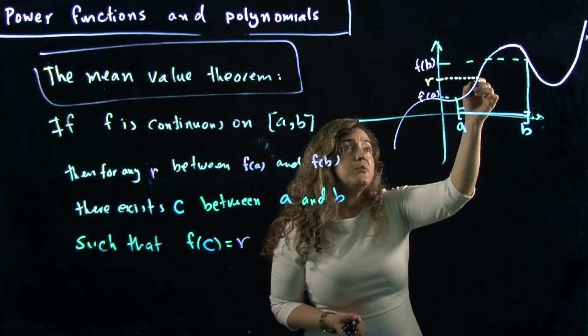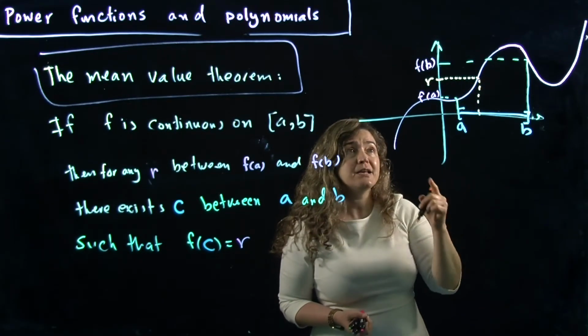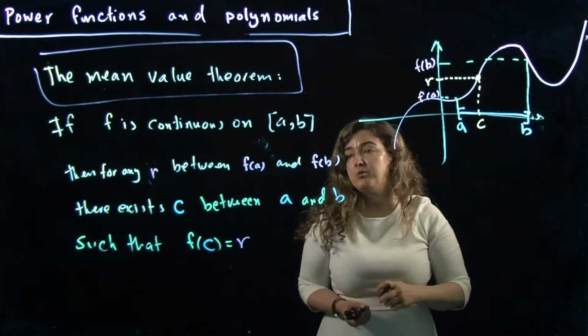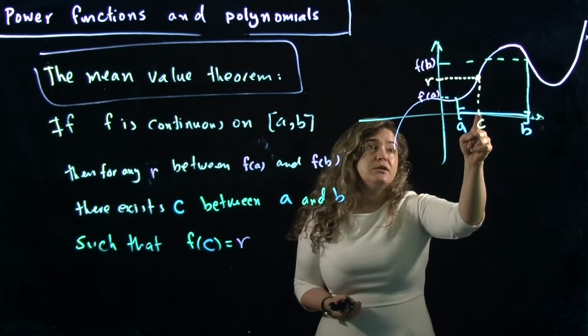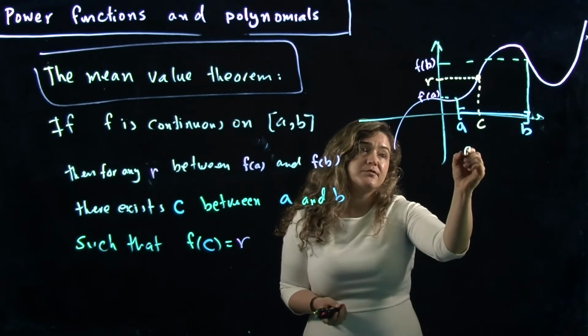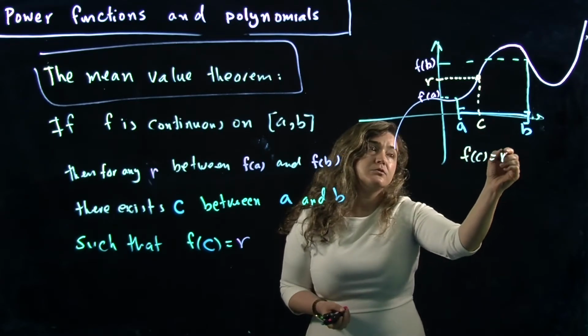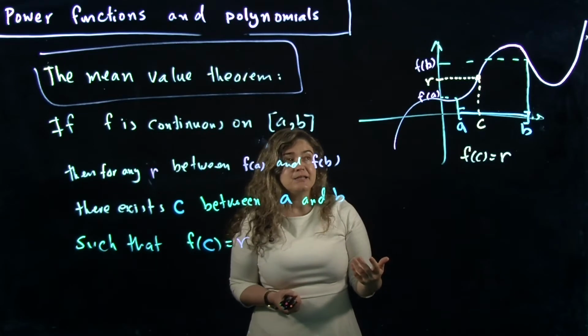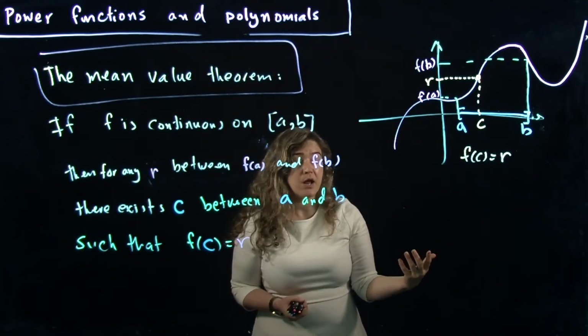From there I can find an x value for that point. That would be the c point. Notice that c and r are on the graph of the function, so f(c) is equal to r. The next thing that comes to mind is: is this c unique or not?